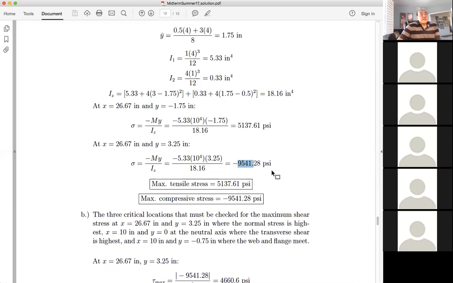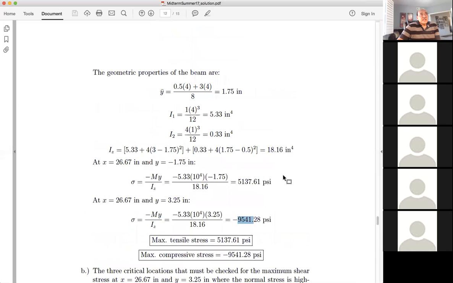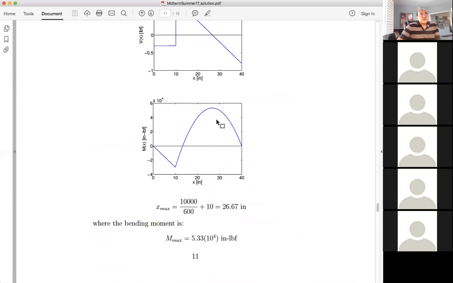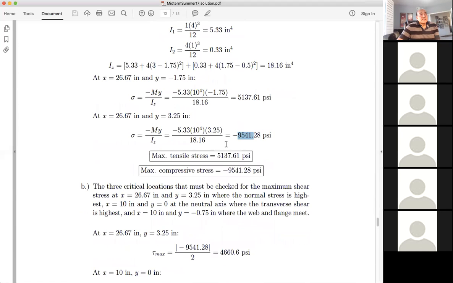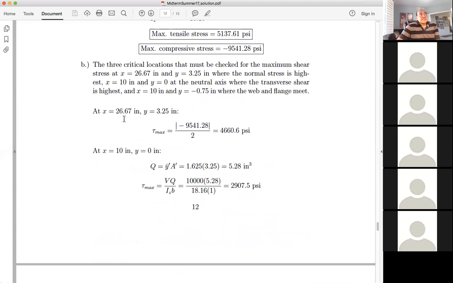And then we look at the critical locations. The critical locations are either going to be at this point or at this point, at x equals 10 or x equals 26.7. So we investigate x equals 26.7, and our investigation is based on the maximum shear. Things are varying on the cross section.